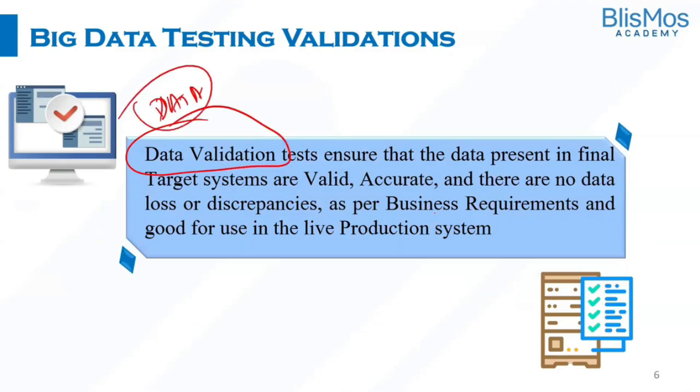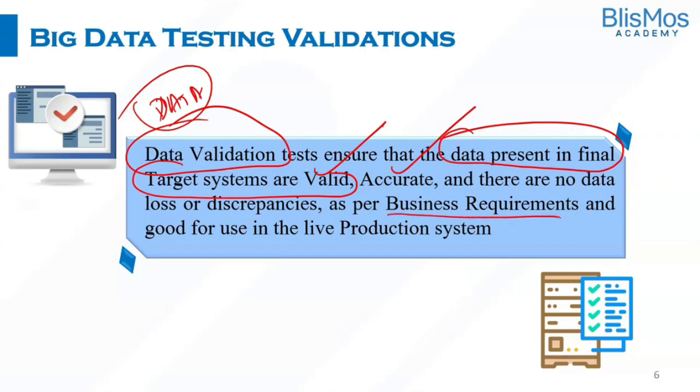Data validation tests ensure that the data is present in the target systems. First of all, data is present, and whatever data is present should be valid and accurate, there should not be any loss of data, and there should not be any discrepancies. It should be as per the mapping document and as per the requirement document, so that it can be further used in the production system. That is data validation.